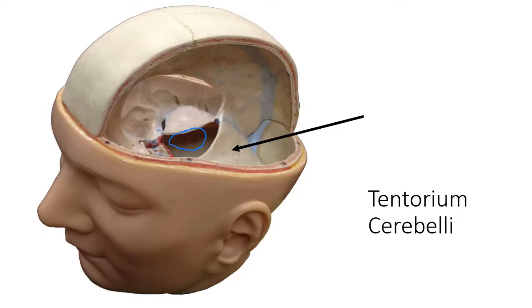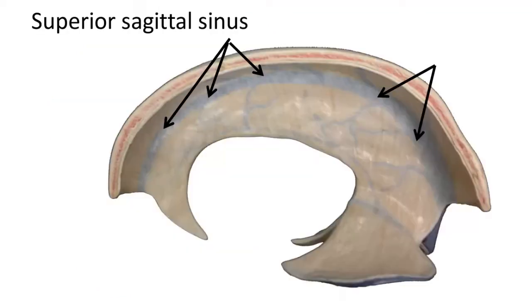So going back to the falx cerebri, where the two layers of the dura mater separate one another, you see this blue here? That's representing venous blood. It's not a blood vessel. It's a space, and in that space is deoxygenated blood.